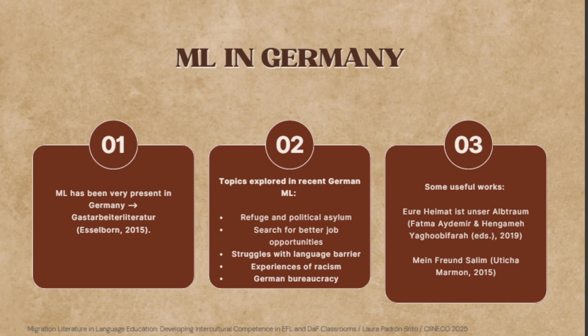And we can also find different experiences of racism, which is something that it shares with ML in the United Kingdom. Another important topic is the role that German bureaucracy plays, as it is deemed to be a very long and meticulous process that sometimes prevents them from integrating fully in society.